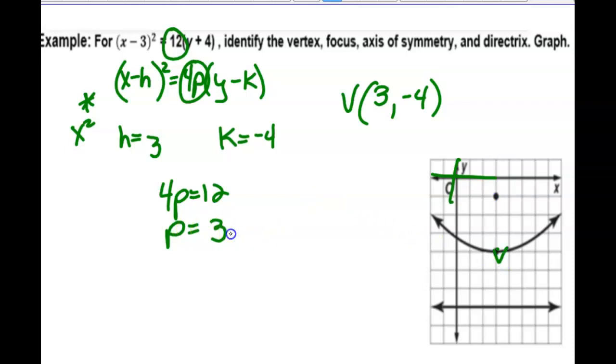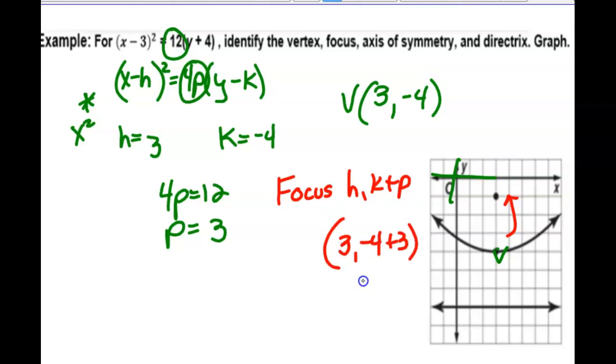And then the fact that p is 3 means the distance to the focus point is 3. So what's the formula say on your reference sheet, guys? When it's x minus h squared, the focus says what? So that was 3, -4 plus 3, which is 3, -1, which is over 3 down 1, which is this focus point right here.